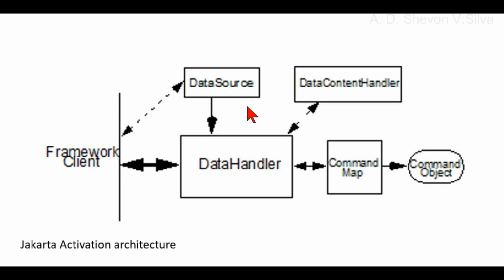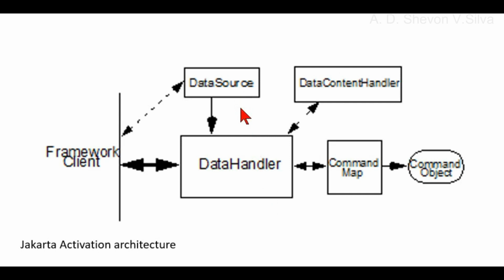Activation-aware JavaBeans components can directly access their data source and data handler objects in order to retrieve data type and to act on the data.